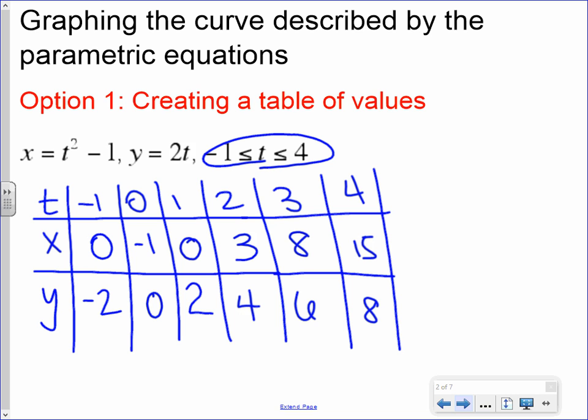This is when t was -1, this is when t is 4, and so the direction of our curve would be that. If you don't have the arrows, it's not a parametric equation. Okay. Now, is that the most efficient way to graph?